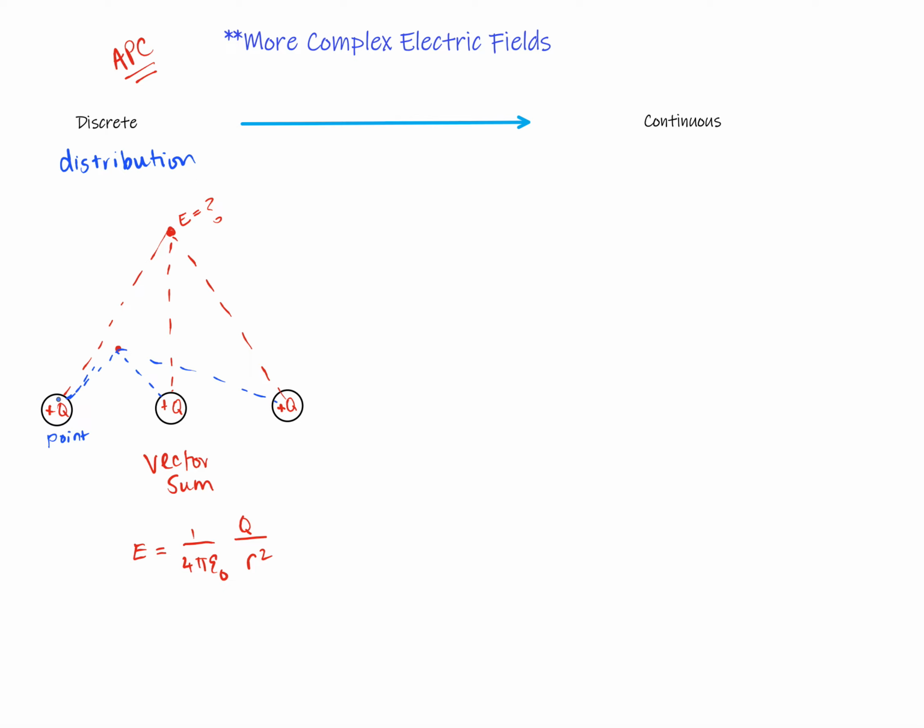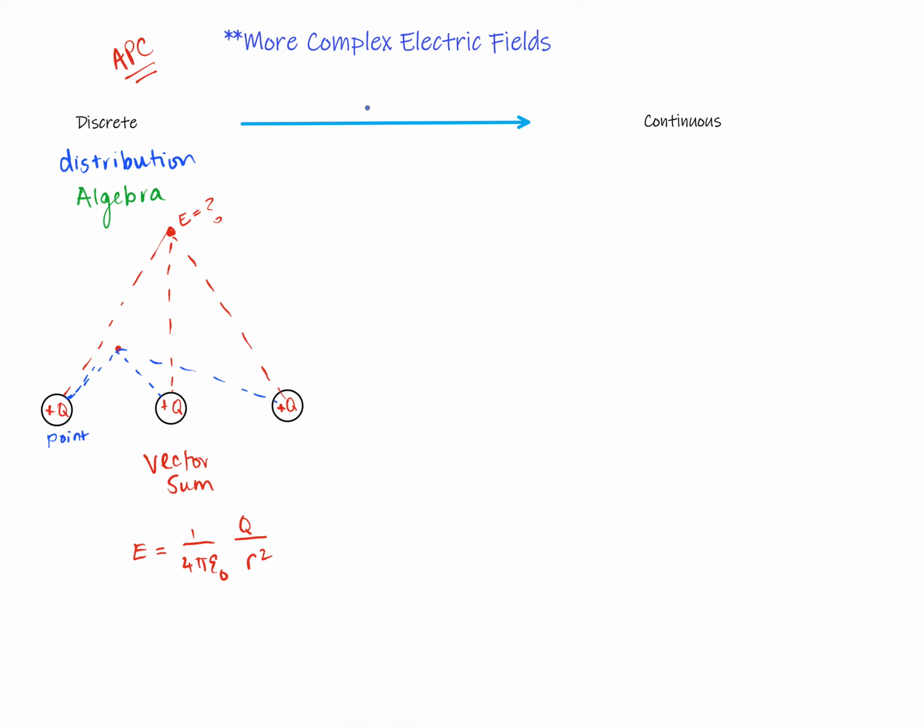Okay, so in other words, the charges are not spread out, they're distinct locations in space that can be dealt with separately, and then a vector sum is done. And usually when we're doing this, we're doing it in some sort of algebraic way. So we're employing algebra and vector algebra to add up the parts.